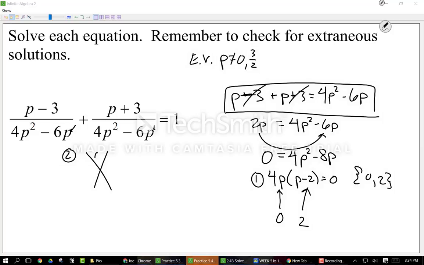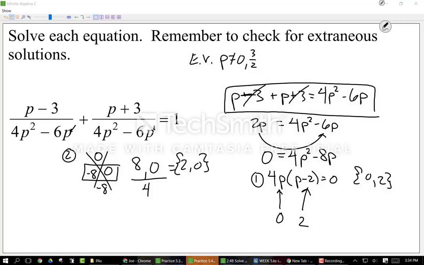I get 0 on top, a negative 8 below, negative 8 and a 0. I take my numbers, I flip them, I divide by a, and I get 2 comma 0. I'm not going to show you the quadratic formula method because hopefully after this many problems you know that it also works. Okay? So answers are 2, 0 on both of them.